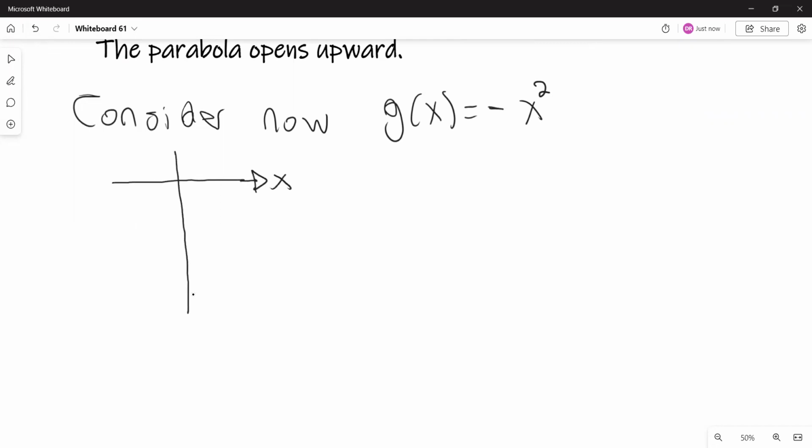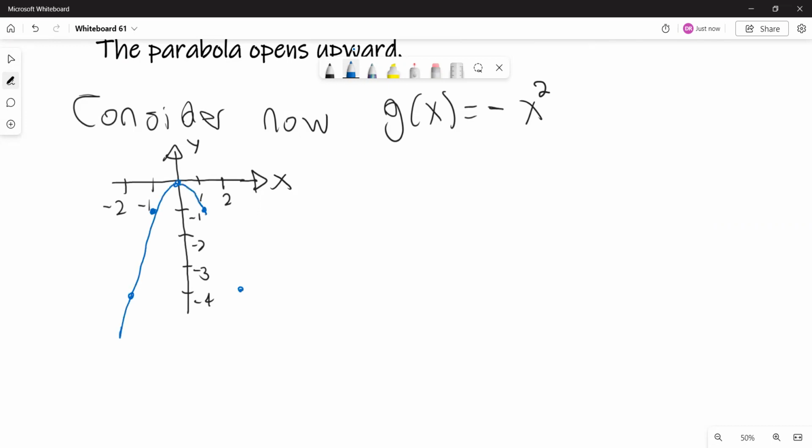Okay, so I'm not going to make a table, just a graph. The graph is going to be reflected. Okay, so this passes through (-2, -4), (-1, -1), (0, 0), (1, -1), and (2, -4). Okay, so again, the vertex is (0, 0), and the parabola opens downward.